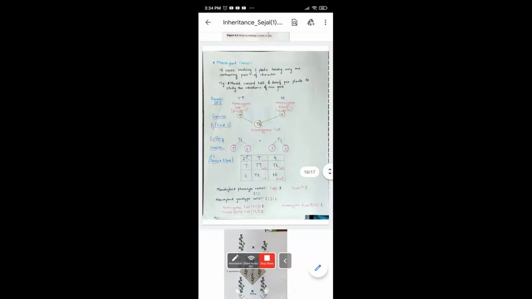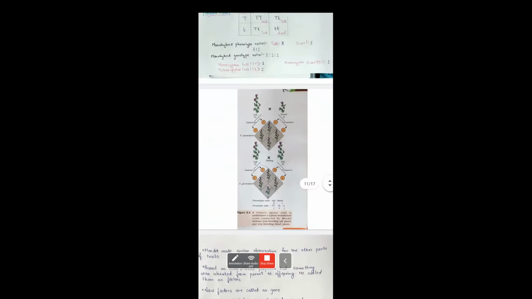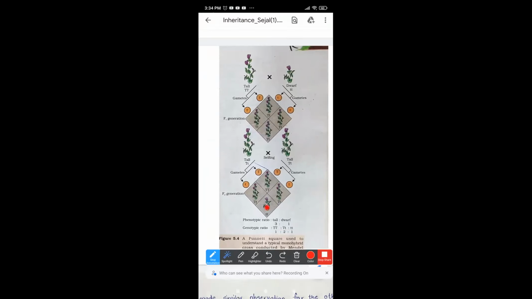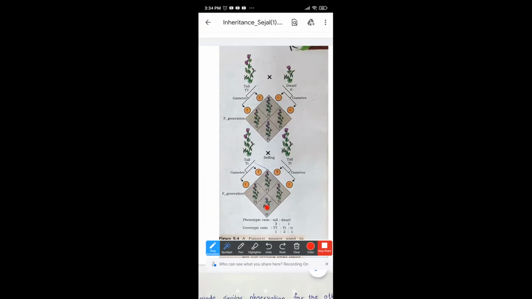The diagram of this monohybrid cross is also given in NCERT. We can go through this diagram too. Here, a tall plant and a dwarf plant, their gametes are crossed. So we get all the F1 plants heterozygously tall.